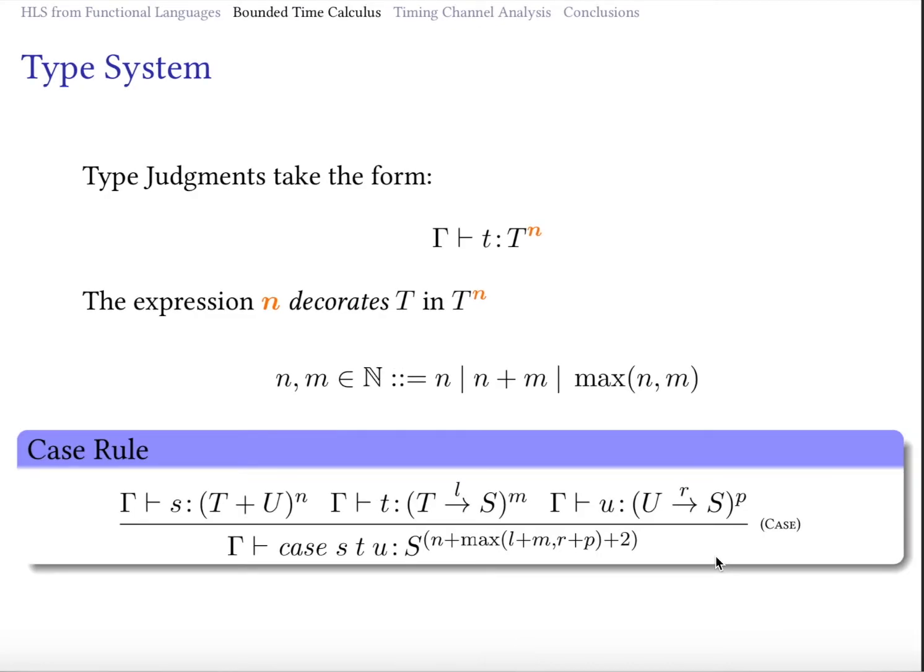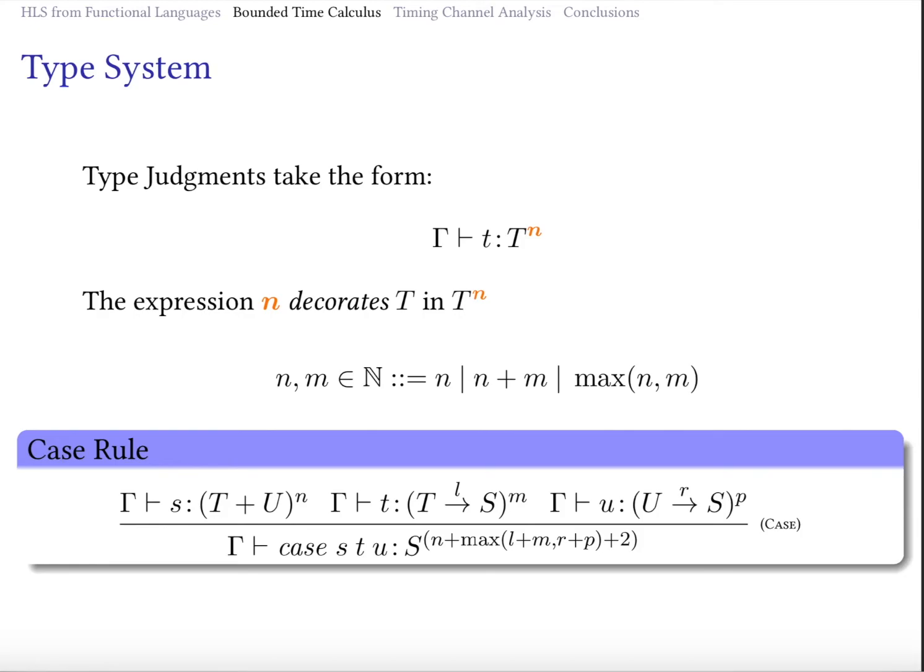Generally speaking, what our mechanization does is what the other related work does. It basically says, look, we're going to annotate types by these kinds of indices, and then we can incorporate these indices within the type system for the language.